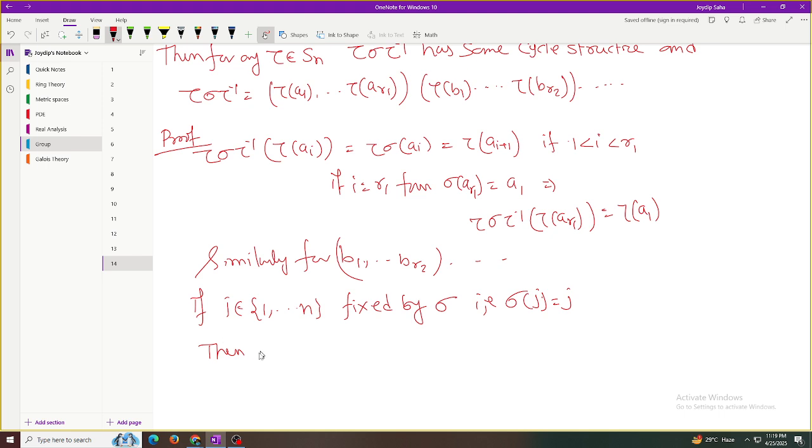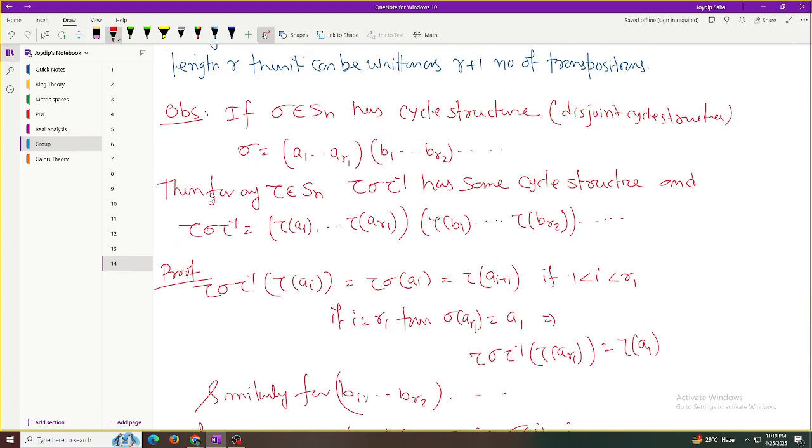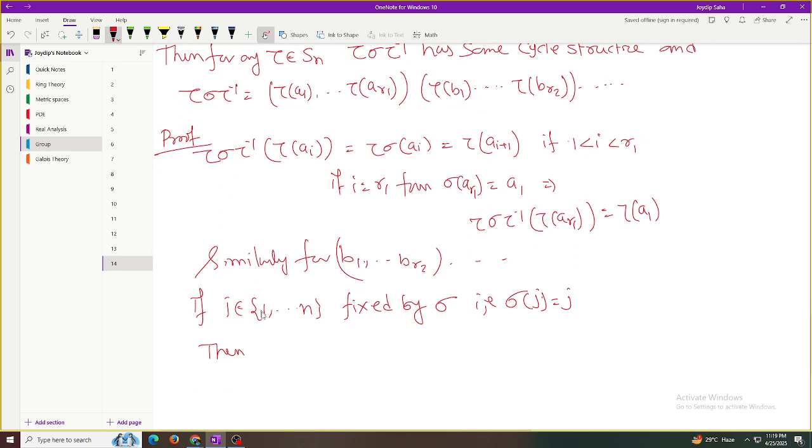Is it fixed by tau sigma tau inverse? What is tau sigma tau inverse of tau j?